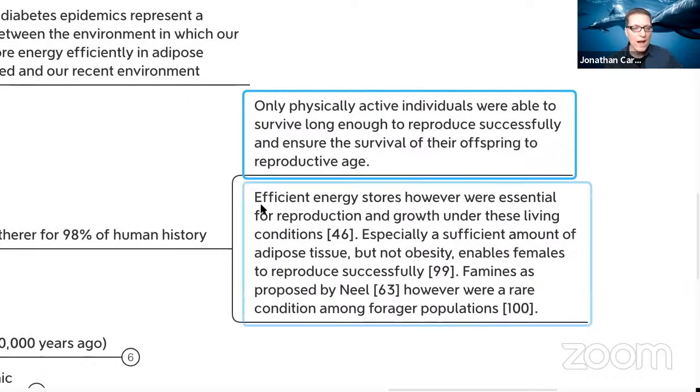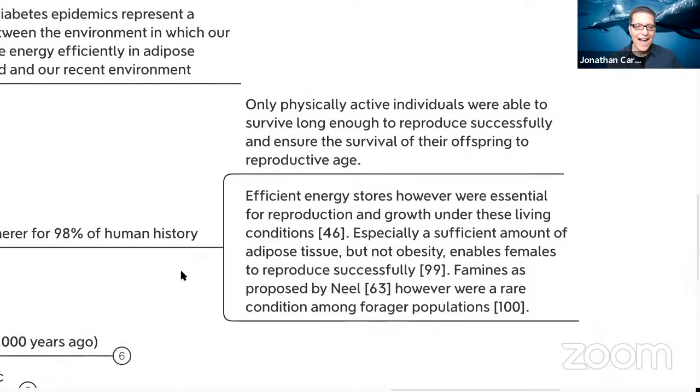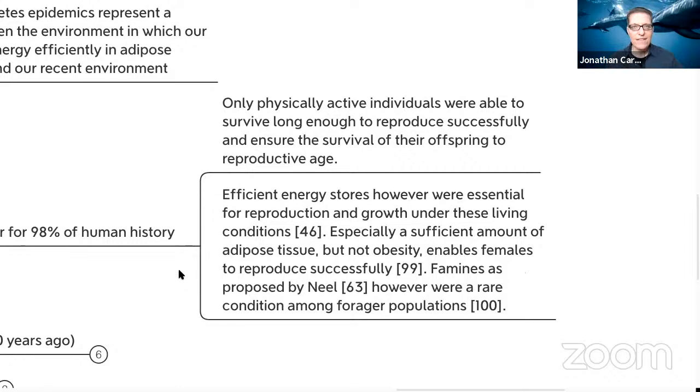So obviously, efficient energy stores were essential for reproduction and growth under these living conditions, especially a sufficient amount of adipose tissue, but not obesity, which enables females to reproduce successfully. As many ultra marathon or overly active women who have too low body fat generally tend to lose their periods.